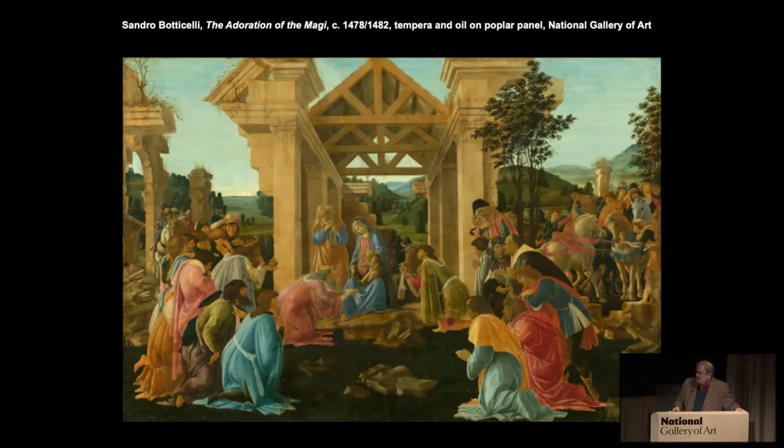Now, there's another element here that seems, it's evident, but it's kind of strange, and that's these stones here. When you look at the painting, right in the path that we would take to get to the Christ child, Botticelli plunks down these rocks.